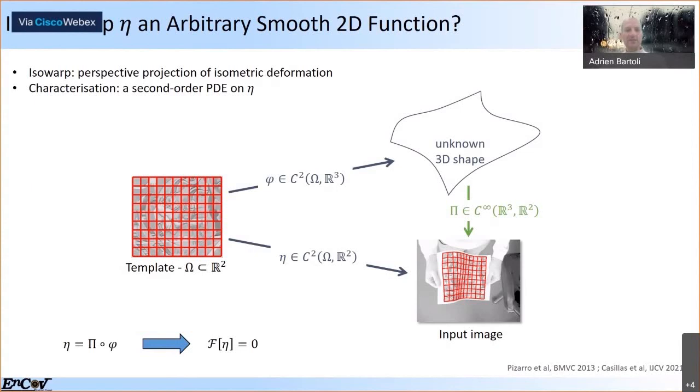So you can see these constraints we have formulated on the warp as an extension of this theory to the case of a surface which deforms isometrically. And we have shown that the constraint, of course, is much more complex than the fundamental matrix, but in the end, obeys a second order PDE constraint, which is not that complex.